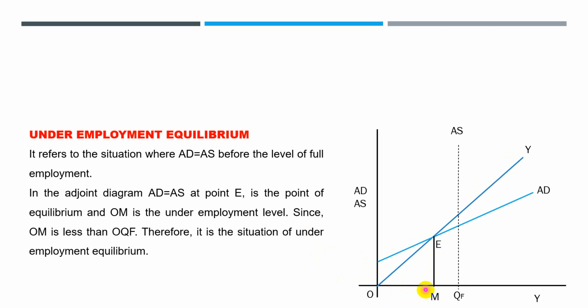Since OM is less than the full employment level of output OQF, therefore OM is the underemployment level of output. Hence the equilibrium occurs at point E corresponding to the OM level. OM is the underemployment equilibrium level of output, income and employment.